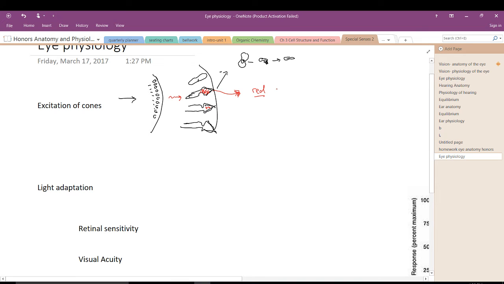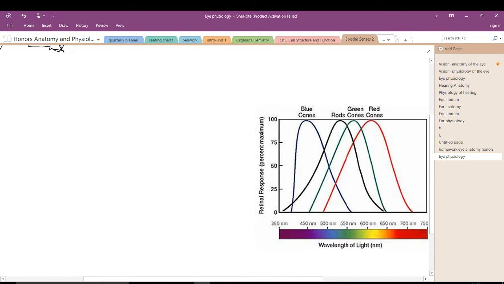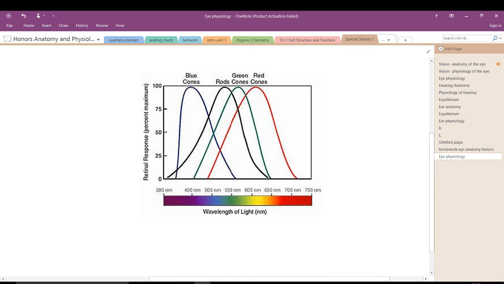So what your brain does is it combines what the cones are telling it. Let me show you a graph here, and your book has something similar to this. Let's say one cone is really strong with the red. It's sending a signal off, and the brain perceives it as red.